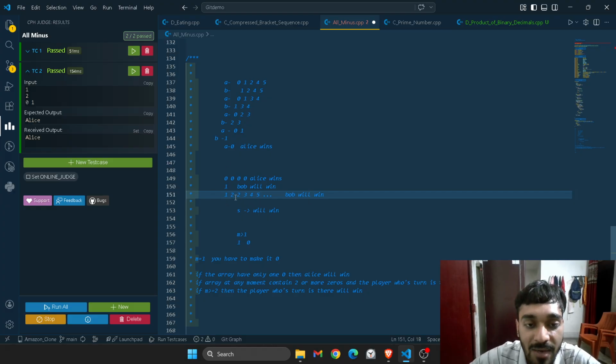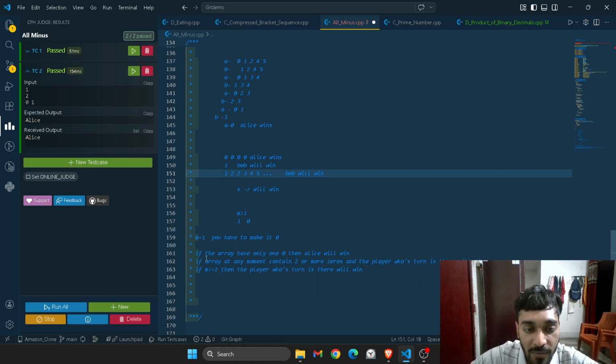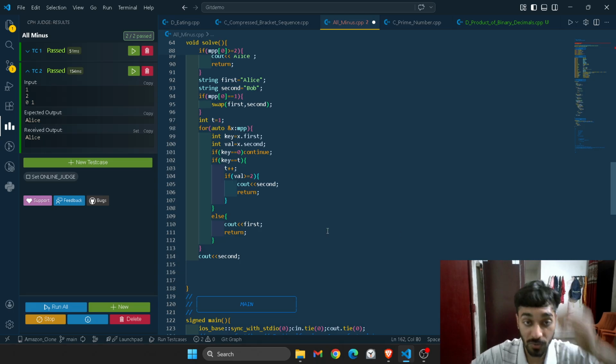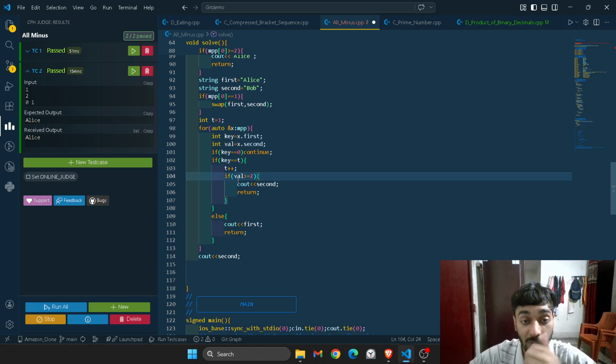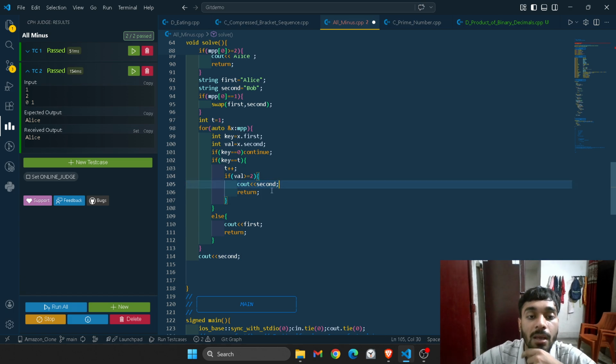Then Alice again will come, and as these 2 have changed into 1 1, she will reduce both ones to 0, because she has no choice. Then Bob will get two zeros, and we have already said if anyone gets two or more zeros, then he will win. So that's why I have written that whoever performs the second operation will win here.